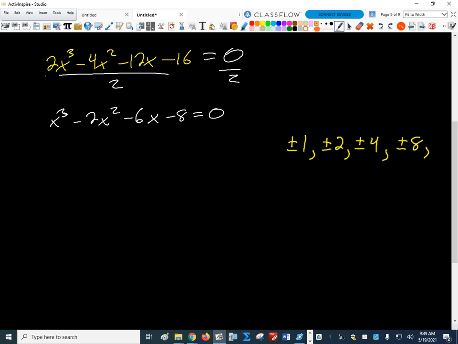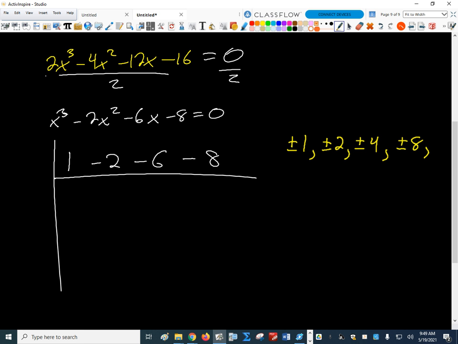So my coefficients are 1, -2, -6, -8, and there's my remainder column, right? So let's try 1. Bring down the 1. 1 times 1 is 1, plus -2 is -1. 1 times -1 is -1, so I'm going to get a -7, not going to work. So we cross +1 off of our list.